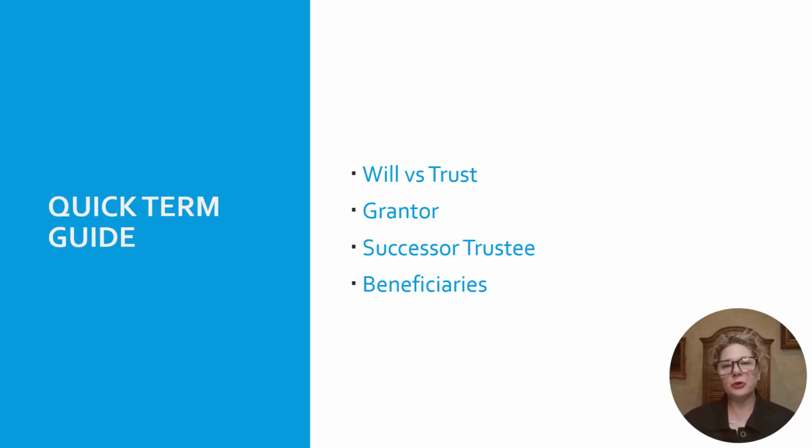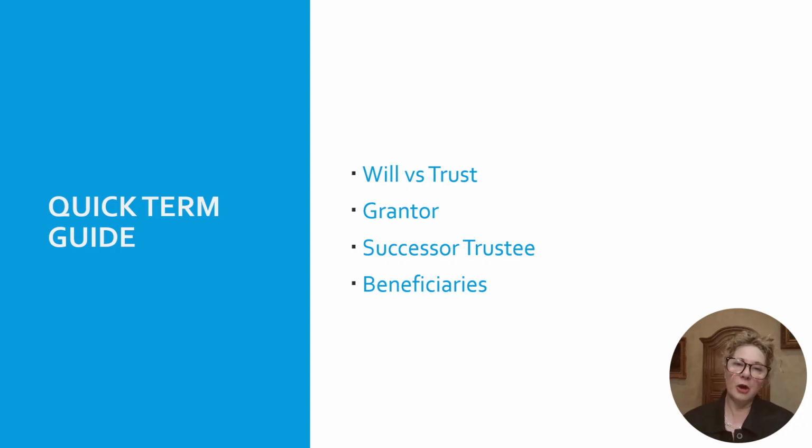In the original trust documents, the grantor is called the trustee of the trust before death, and they designate another person as the successor trustee upon the grantor's death. The successor trustee then becomes the trustee of the trust after death.